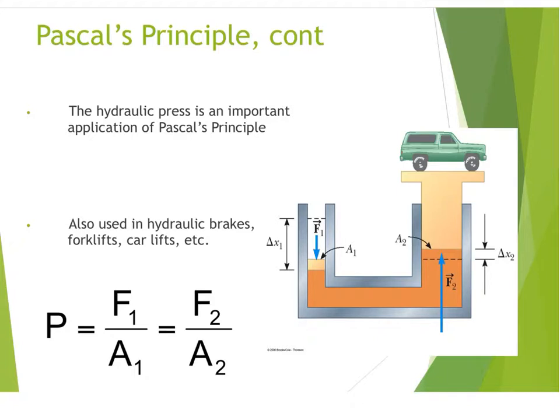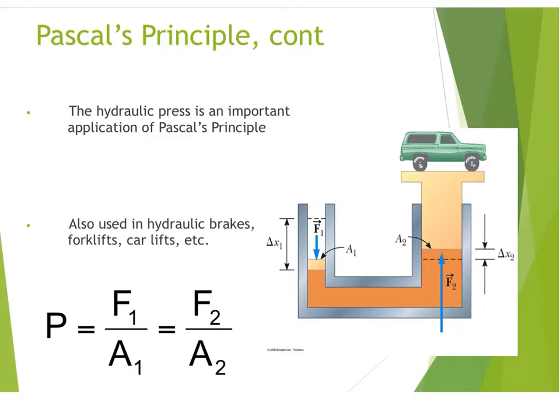Now assume you have a closed container filled with an incompressible fluid with two pistons, piston 1 and 2, and they have different areas. We have area 1 and area 2, and if you apply a force to the first piston in area 1, you're going to create a pressure in the fluid that you can call P1. This pressure will equal the applied force divided by that first area.